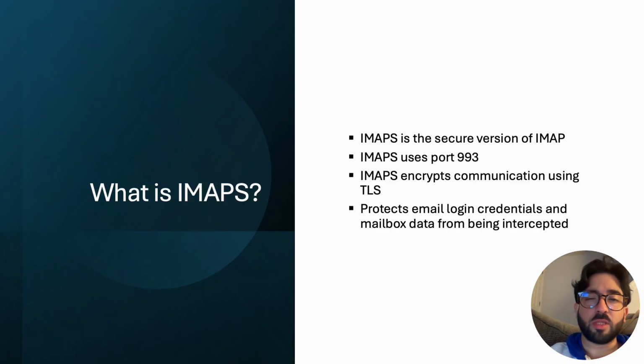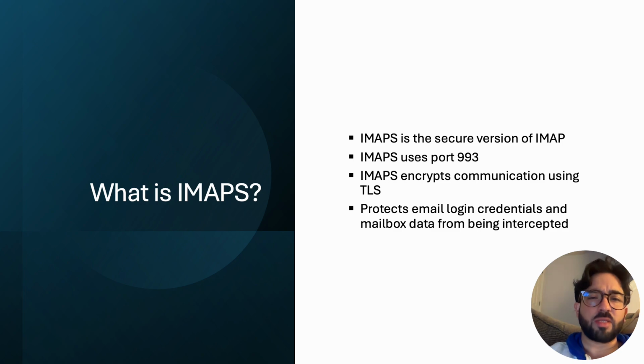This is very important in environments like public Wi-Fi, offices, schools, or any network where other users might try to sniff traffic. IMAPS protects the user's identity, their password, and all the email content.